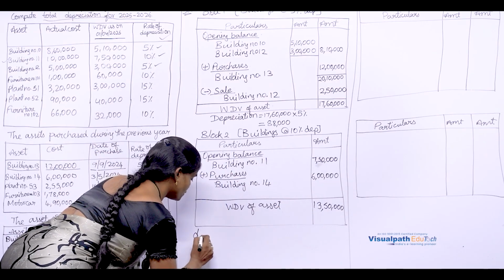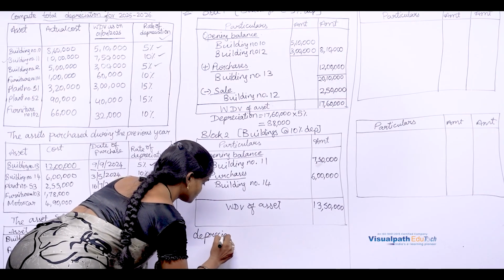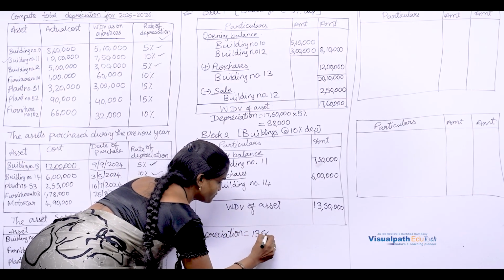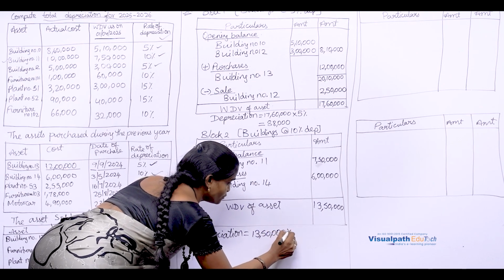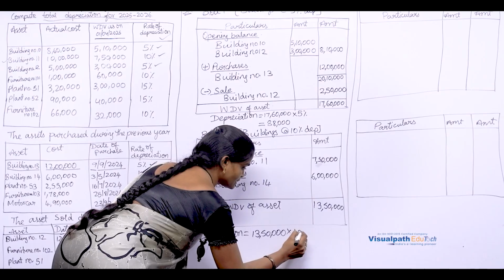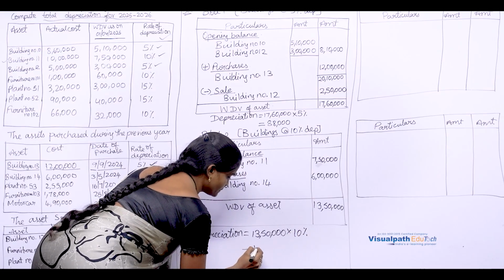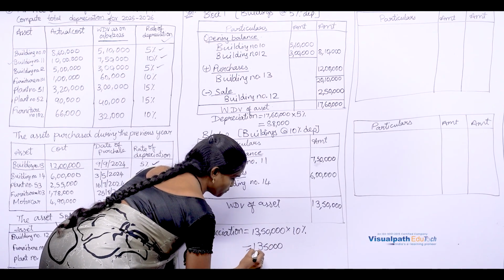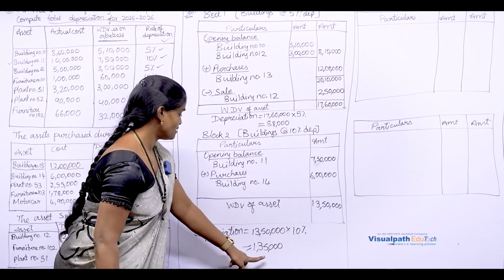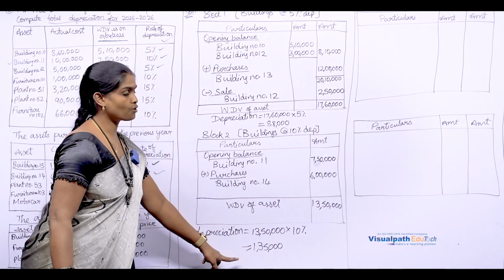Now depreciation is equal to 13 lakh 50,000, that is written down value, into rate of depreciation, which is 10%. How much will you get? 1 lakh 35,000 you will get. 1 lakh 35,000 is the depreciation for block 2.